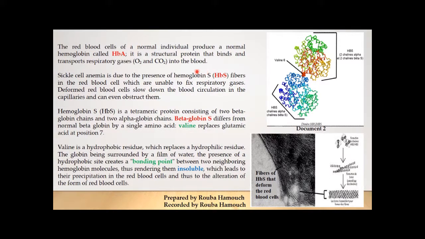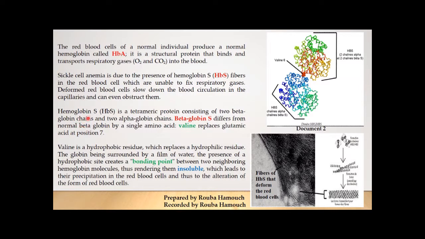The presence of fibers of hemoglobin S causes the deformation of red blood cells. This deformation will slow down the blood circulation in the capillaries and can even obstruct them. Why? Because we will see that hemoglobin S will accumulate, will aggregate in the red blood cells. The accumulation of hemoglobin S deforms the red blood cells, and this deformation will slow down and block the blood circulation, leading to a severe anemia.